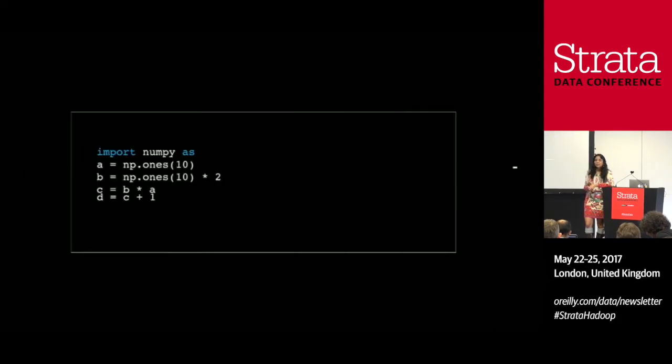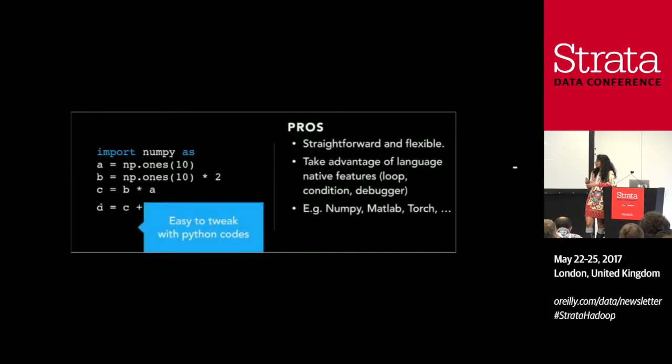So the other aspect is the style of programming, right? What I've shown here is a simple Python code. Python is an interpreted language. This is the imperative style of programming, where you just write the instructions line by line. So this is easy to program, easy to debug.